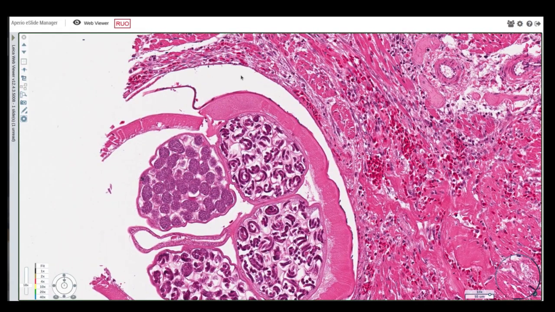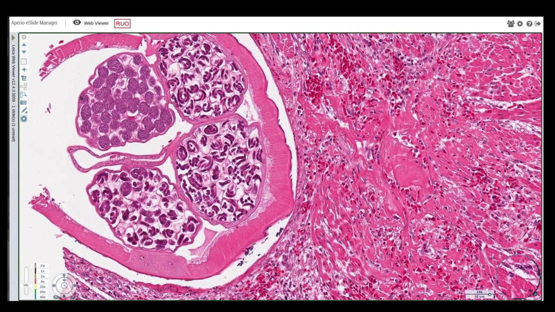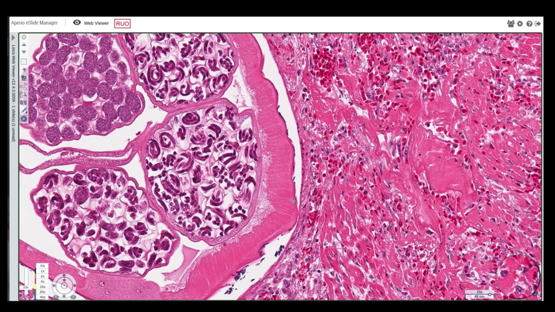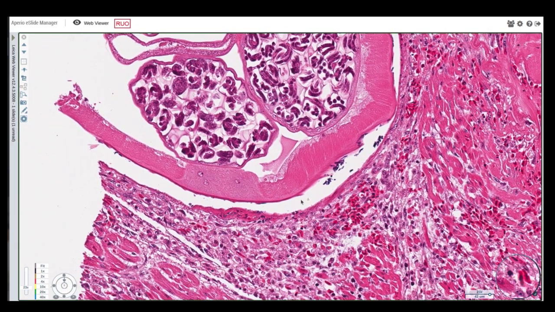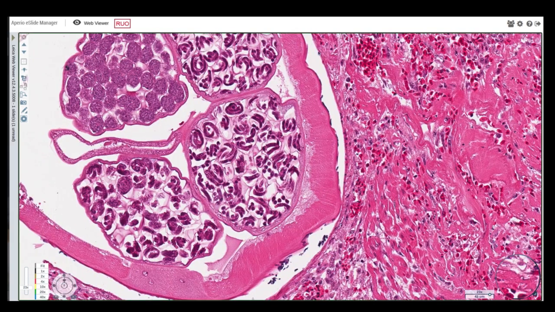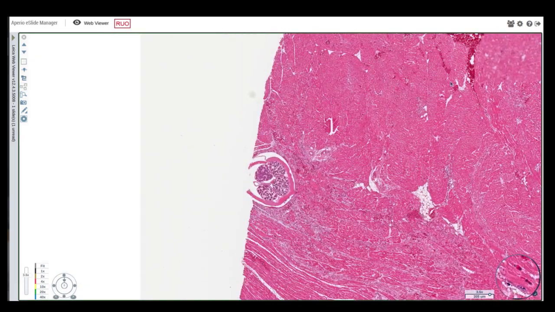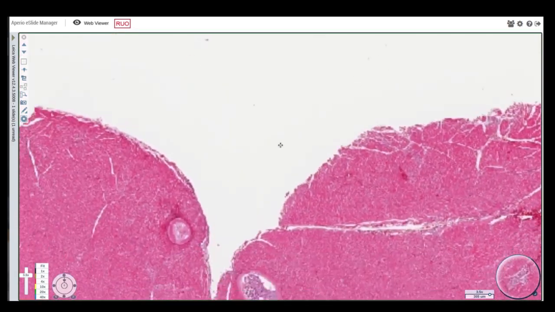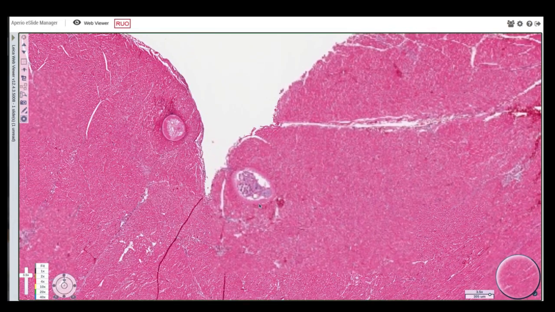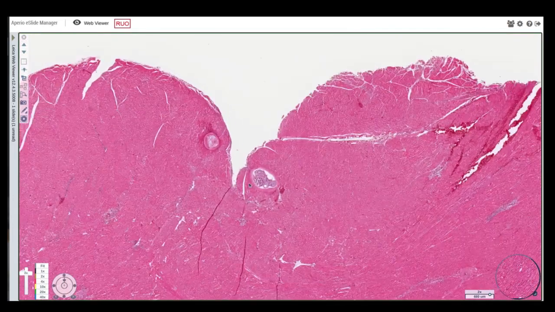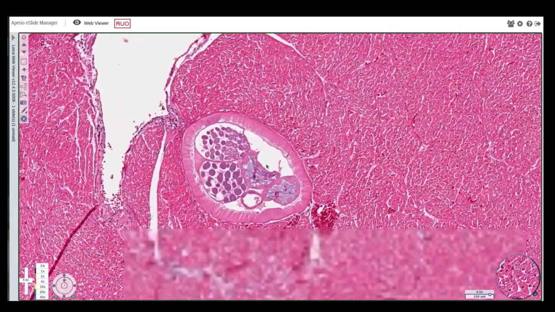And if we look at what's going on around in the heart muscle of this swan, yes, there's some inflammation around here, but the nematode itself seems to be within a capsule, so it's walled off from the rest of the body. We'll have a little look at some of the other ones that were around the place. So here's another one.